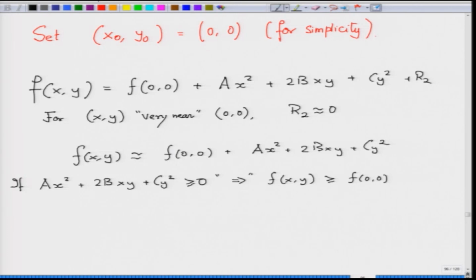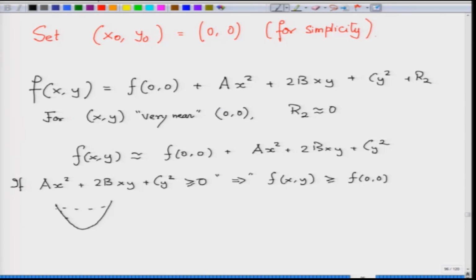Basically it tells me that the graph of the function f near 0 0 looks almost like the graph of a x square plus 2b x y plus c y square translated by the amount f 0 0. This looks like a quadratic function, a function of 2 variables.